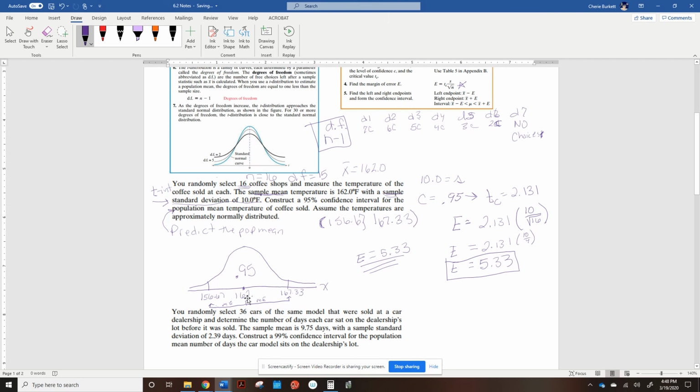And then you subtract the 5.33 from 162 to get your lower bound and your upper bound. And those would be these two numbers right here. This is your lower bound, and this is your upper bound. Okay, so that's how you do that with degrees of freedom and the t-table.